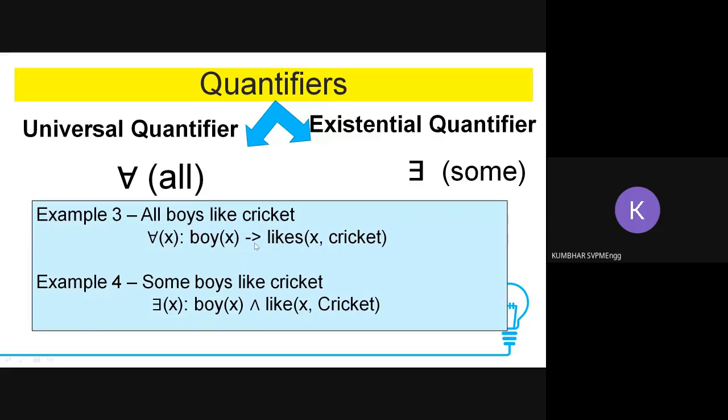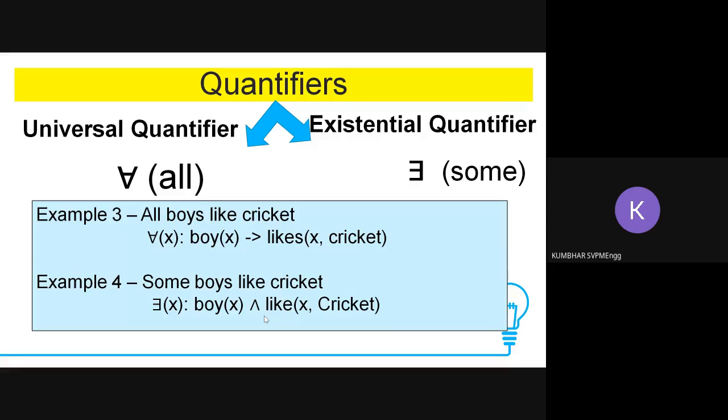Here is the implies, which talks about all the boys, but here it is those boys who like cricket, which means here is the existential quantifier. The word some will be represented by this. Note that here is the implies sign and here is the and sign. Take a look back at how the universal quantifier and the existential quantifier are used.